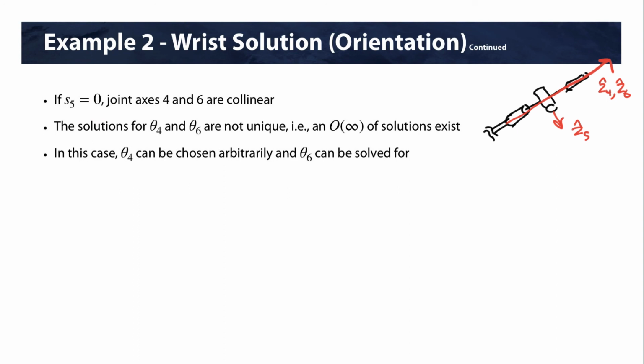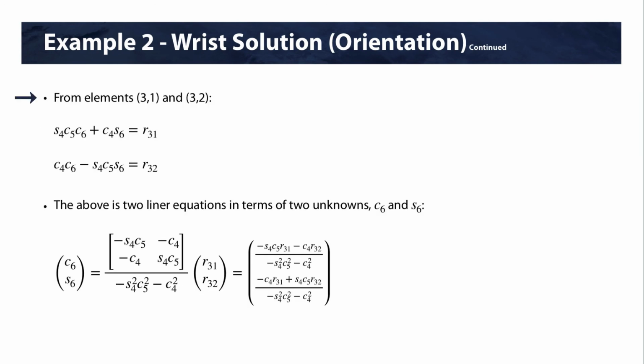From elements 3,1 and 3,2, we have these two equations here. This is simply two linear equations in terms of two unknowns, C6 and S6. I didn't go through all the steps, but you can solve for C6 and S6, and you will get these two terms here.